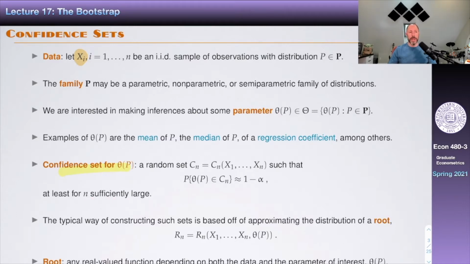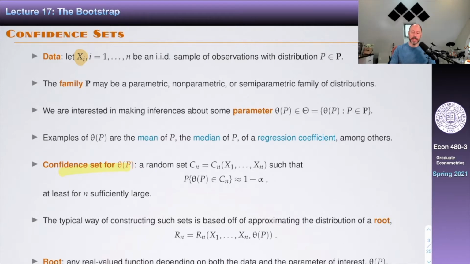And the typical way of constructing these sets is based off approximating the distribution of something that I'm going to call a root. And the root is going to be denoted by the letter R. As I wrote here, a root is any real valued function depending on both the data and the parameter of interest theta p.